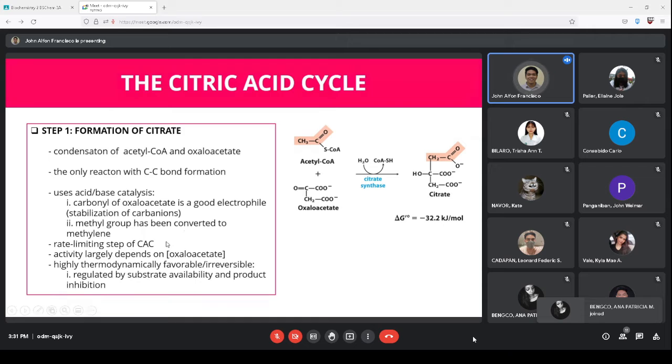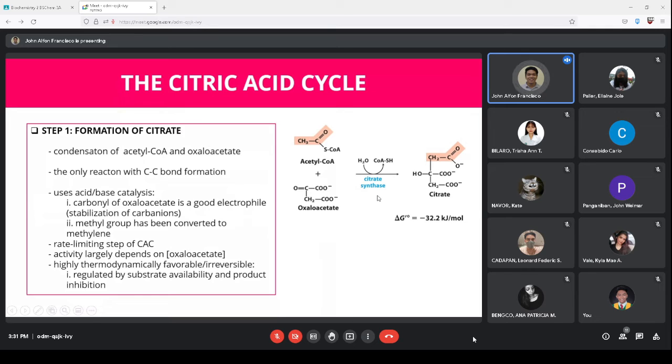It can be regulated by substrate availability and product inhibition. Pag sinasabi natin product inhibition, yung mismong concentration or amount ng product mo na napoproduce, yun yung mismong signaling kung mag-stop ba or mag-continue yung production using citrate synthase.